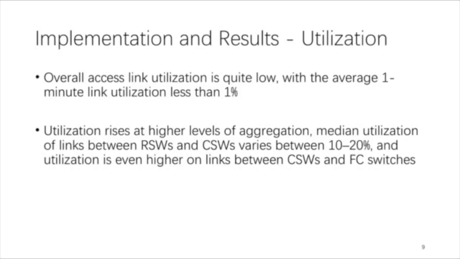And utilization rises at higher levels of aggregation, like links between top of rack switches and cluster switches. For those, utilization is about 10 to 20%, and the utilization is even higher on links between cluster switches and aggregation switches.